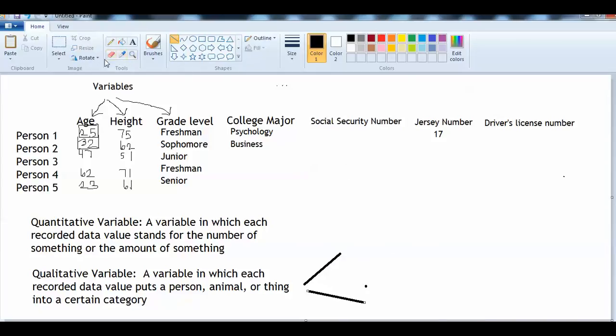So a qualitative or categorical variable can be nominal or ordinal.